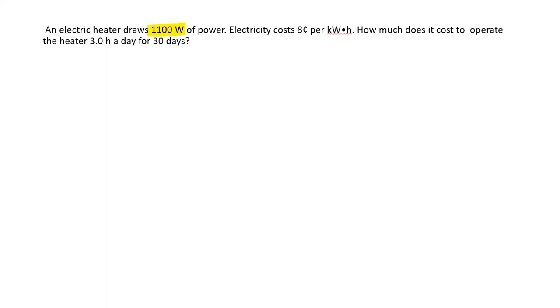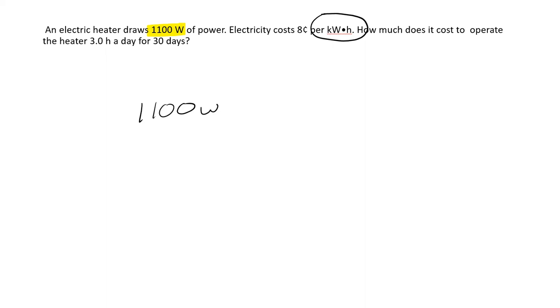I'm just going to find out a couple little things here. So I have 1,100 watts. First thing I have to do is convert it to kilowatts. Why do I have to convert it to kilowatts? Because we always convert it to kilowatts when we find the cost, because the cost is per kilowatt.